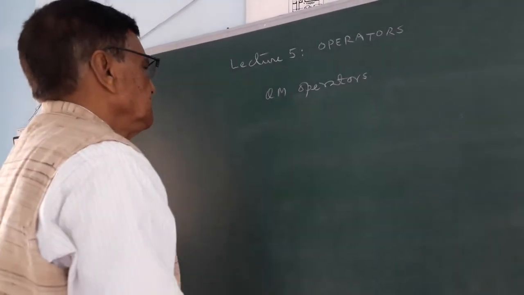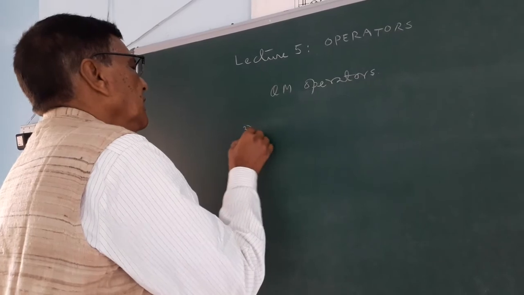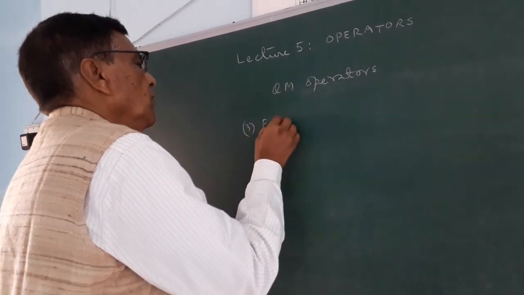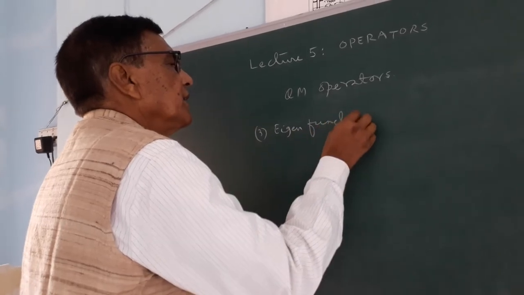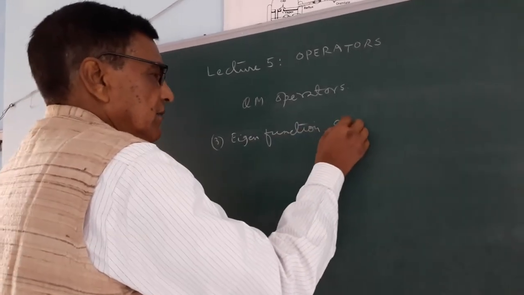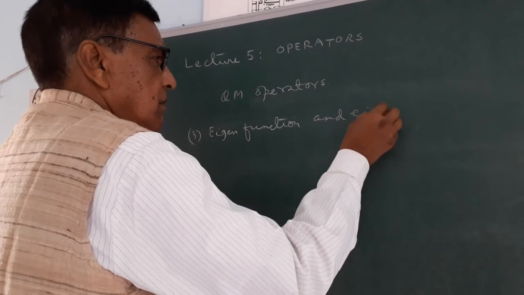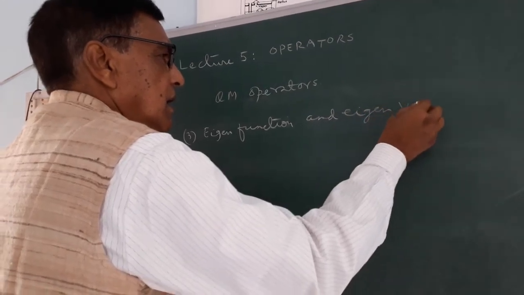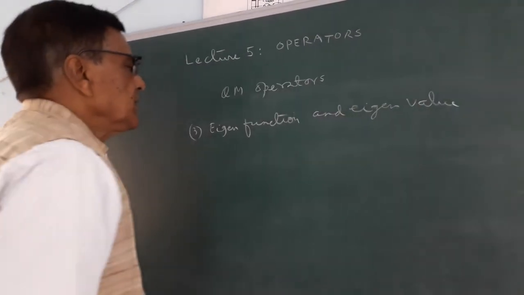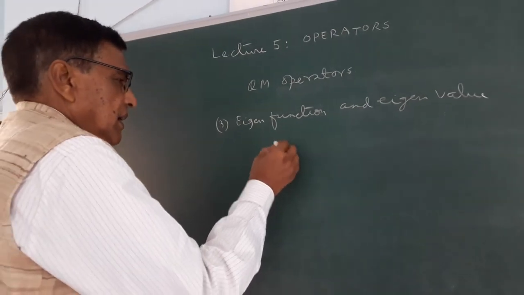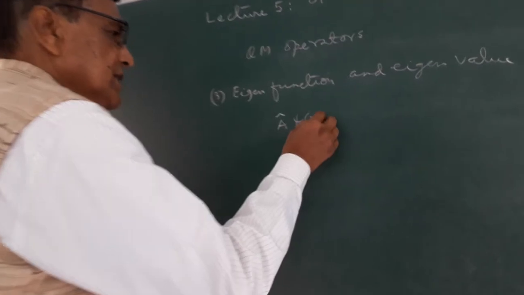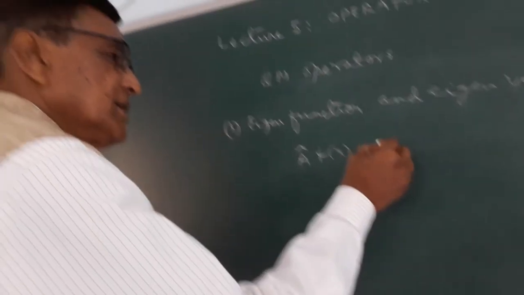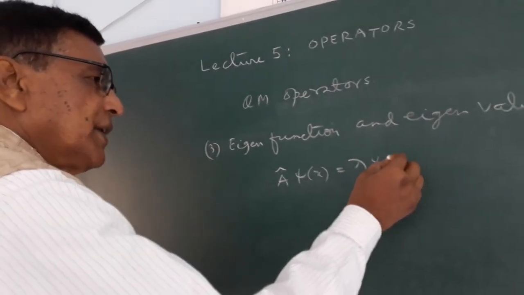Then the third one: eigenfunction and eigenvalues. Suppose an operator operates on a function and gives the same function multiplied by some constant quantity.